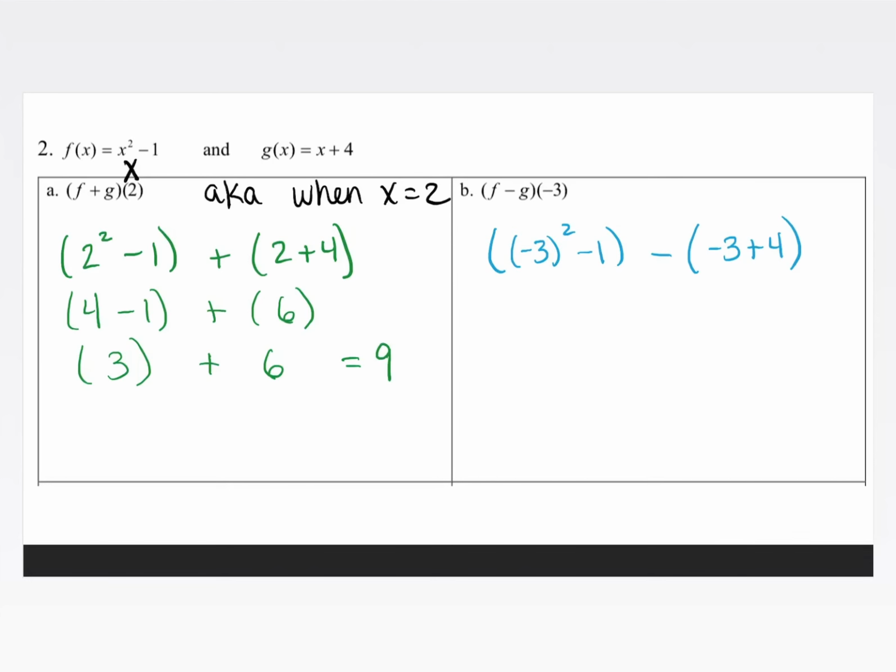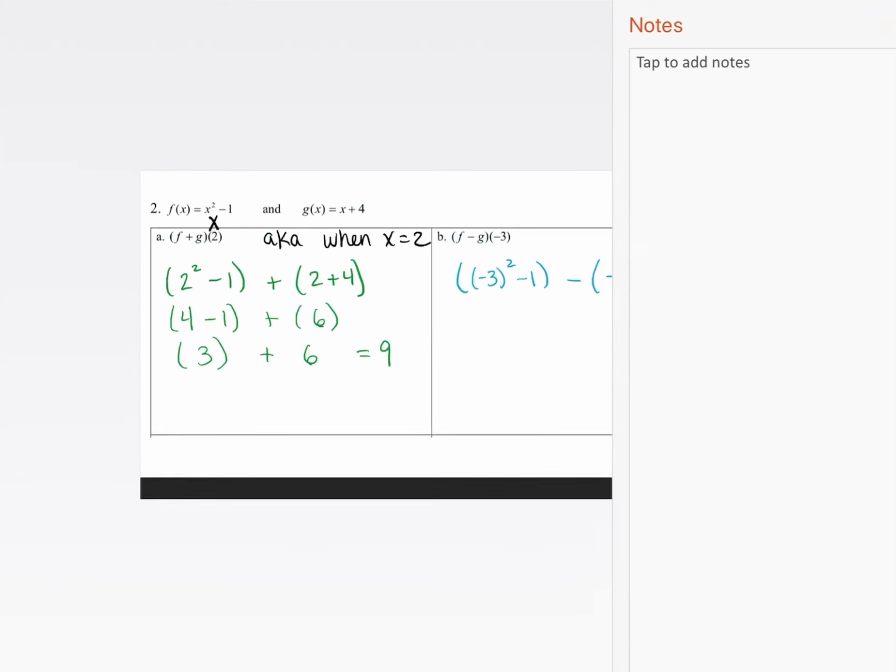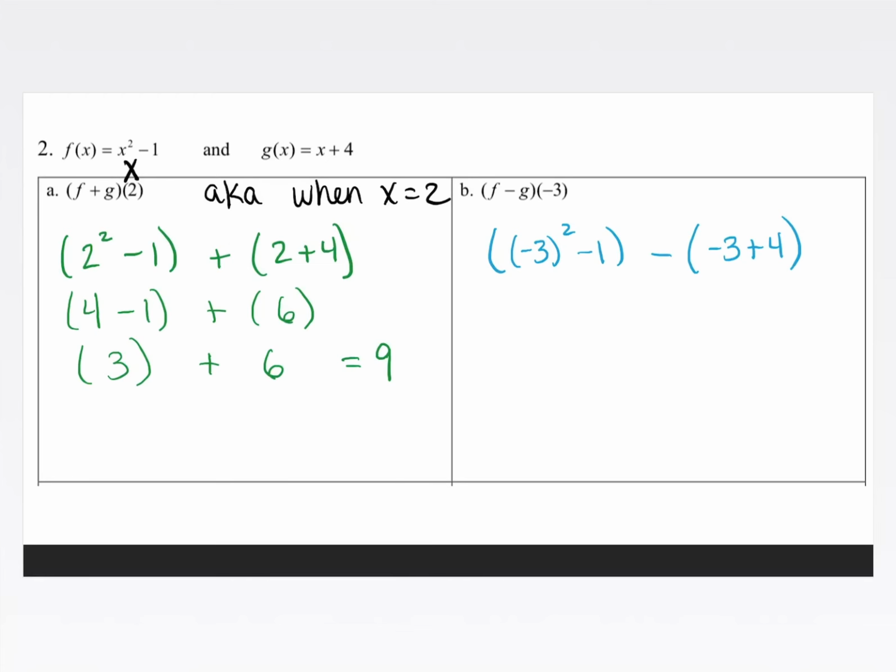So I like to reduce first and then subtract. Instead of distributing that negative, you're more than welcome to also distribute that negative first, but I'm going to simplify using PEMDAS. Negative 3 squared gives us positive 9, and then minus 1. Negative 3 plus 4 gives us positive 1. 9 minus 1 gives us 8, and 8 minus 1 equals 7.